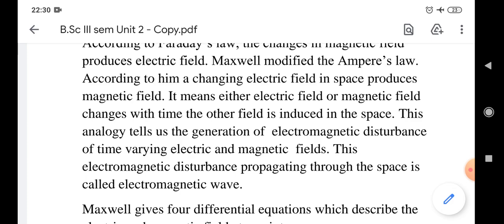This analogy tells us about the generation of an electromagnetic disturbance of time-varying electric and magnetic fields.